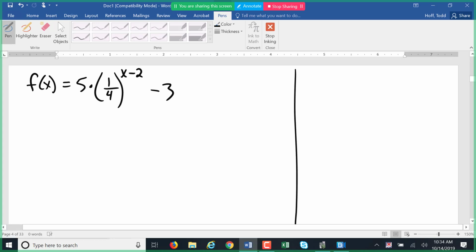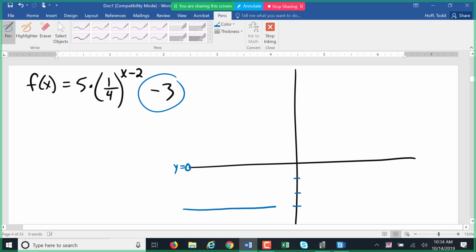Well, there's a lot going on here. First of all, this minus 3 here moves our horizontal asymptote from y equals 0, or the x-axis, down to y equals negative 3.